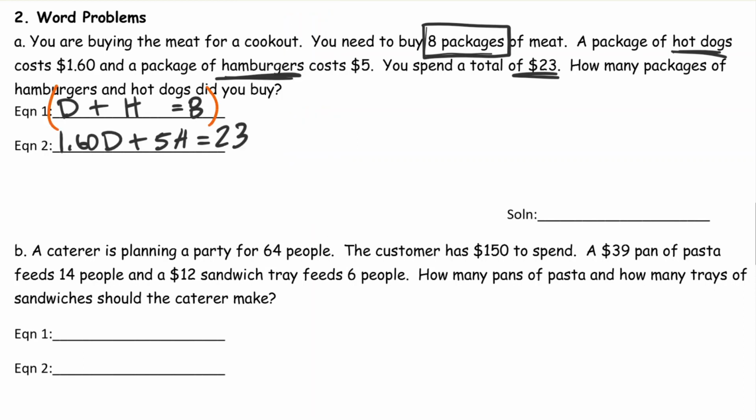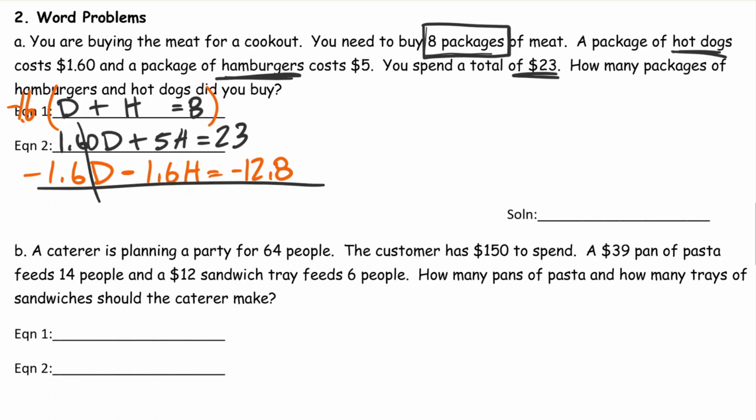We'd get negative 1.6D minus 1.6H equals negative 12.8, since 8 times 1.6 is 12.8. So when we add these together, the D's will cancel. 5 minus 1.6 makes 3.4H equals 23 minus 12.8, that makes what? 10.2?